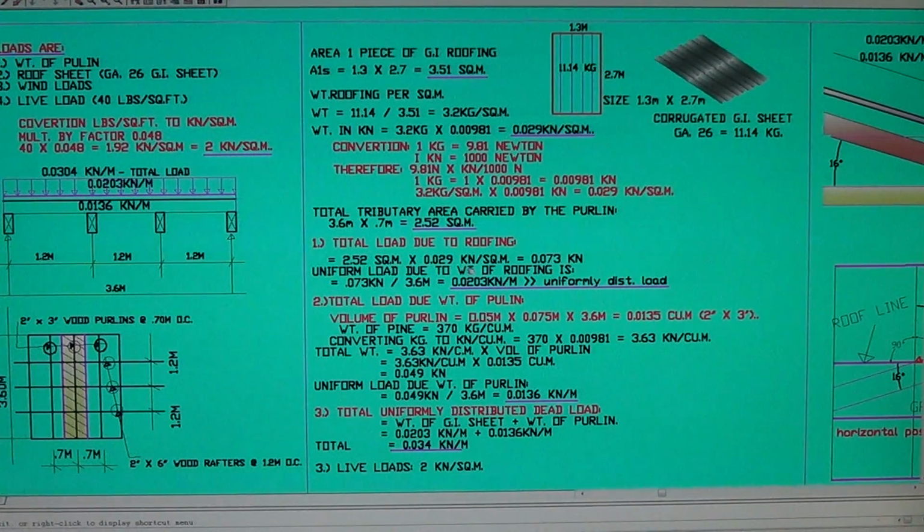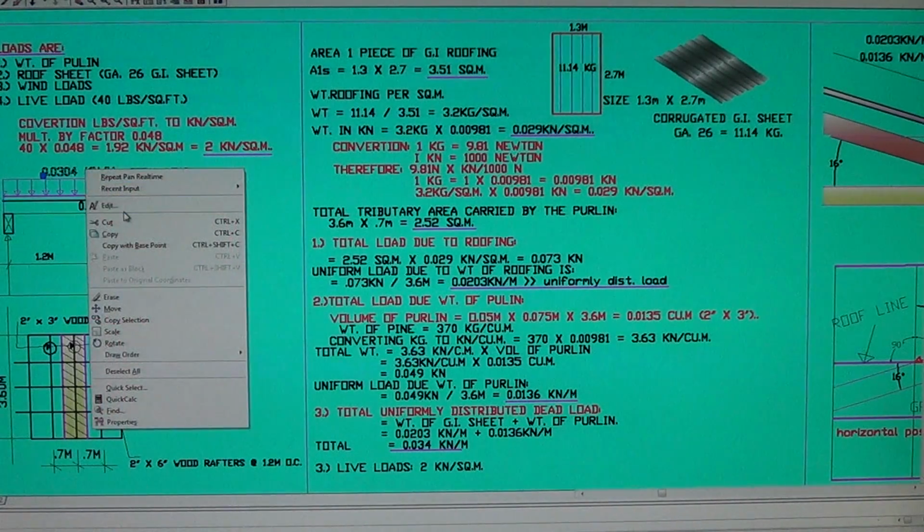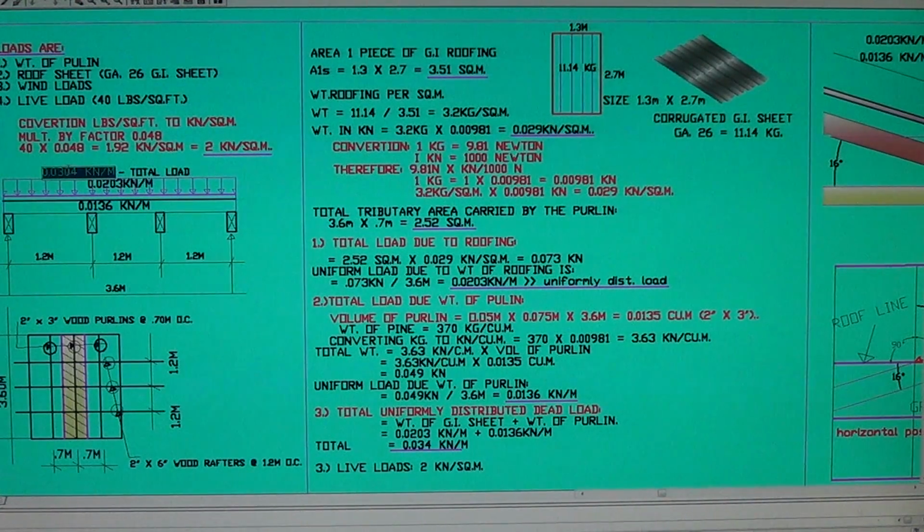You can have it here, roofing, see that, 0.0203, the uniformly distributed load, and the purlin is 0.0136, and the final load of the purlin is 2.575 kilonewton per meter. So that's the purlin load we're now gonna design.